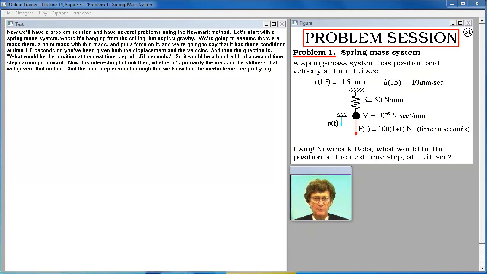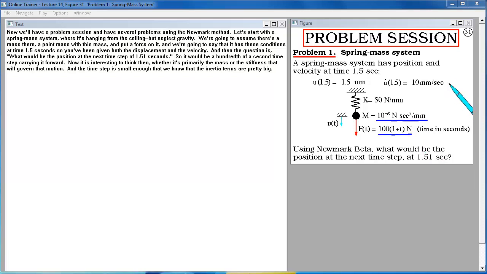Now we'll have a problem session with several problems using the Newmark method. Let's start with a spring mass system hanging from the ceiling, but neglect gravity. We're going to assume there's a point mass there, and put a force on it.